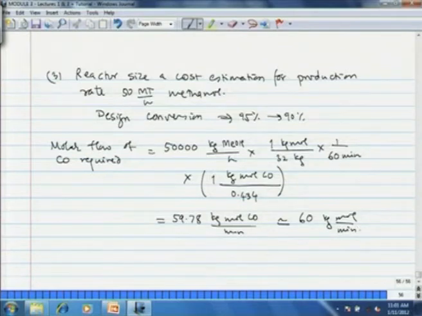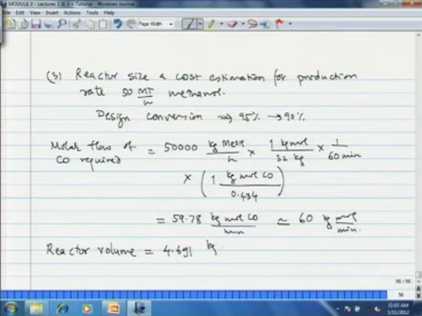Okay. We have to estimate the reactor volume. We have just estimated the catalyst weight that we need per mole of CO reacted. So the reactor volume can be estimated on the basis of catalyst weight that we need divided by the packing density of catalyst that has been given to us as 700 kg per meter cube.